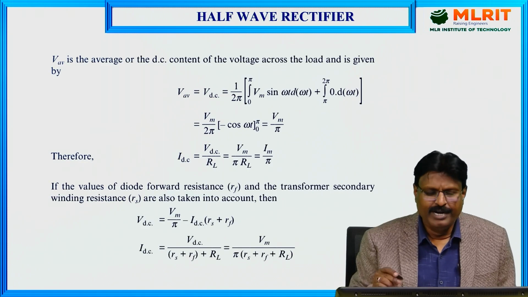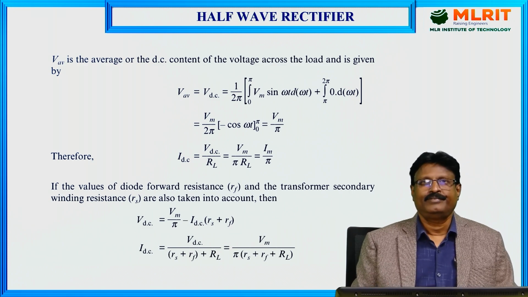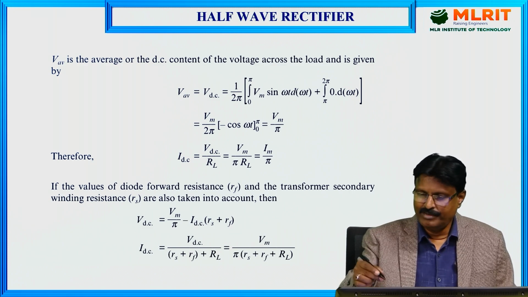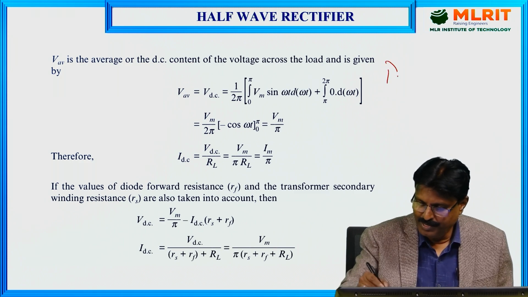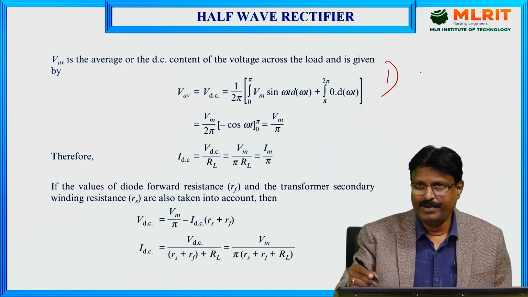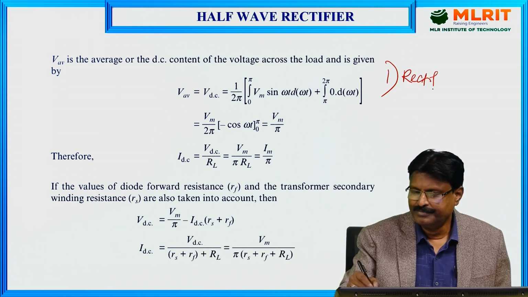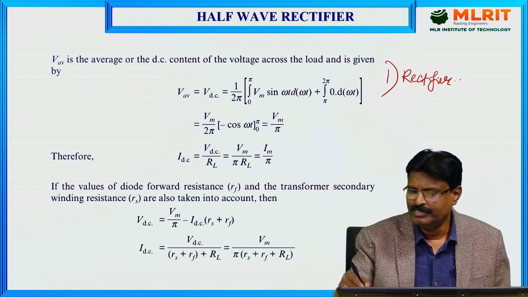Next, let us derive the parameters related with the rectifier. So many parameters are there. First, I need to obtain the value of the rectifier efficiency. That will be discussed one by one afterwards.